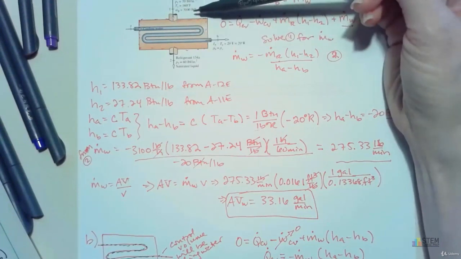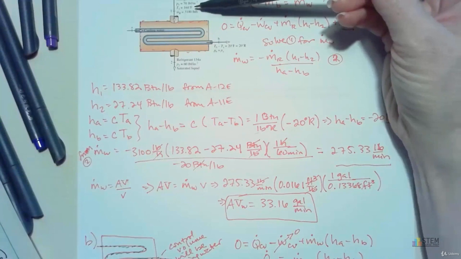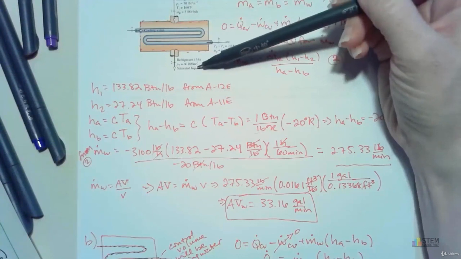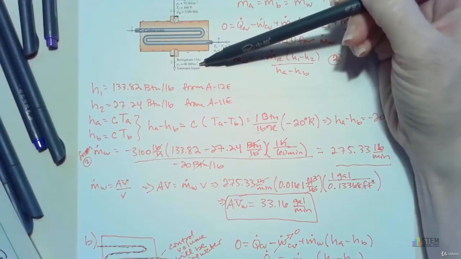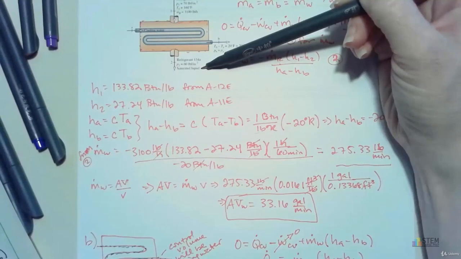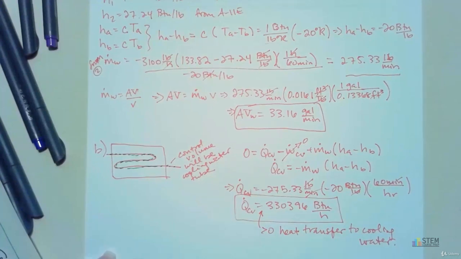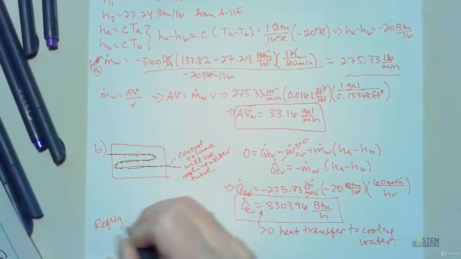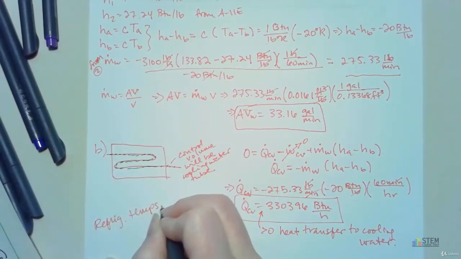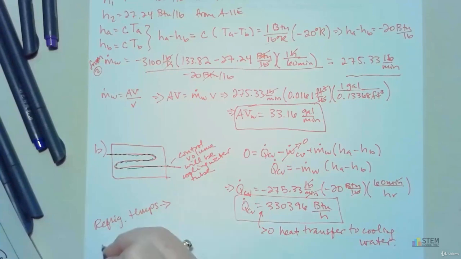Now let's look at the temperature change for the refrigerant. We started out with a temperature of 160 degrees Fahrenheit. We weren't given the temperature here at the exit, but we do know we had saturated liquid. So if we had saturated liquid, we can find the temperature in the table. If you go to the table and look up the refrigerant temps, T1 was 160.